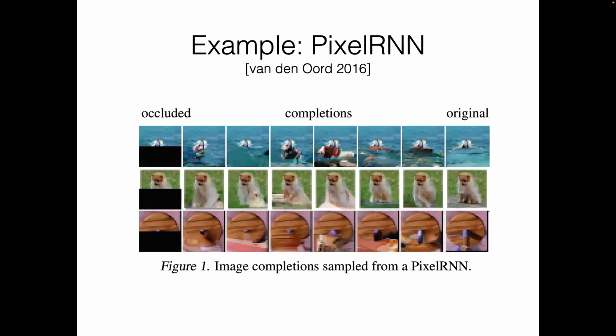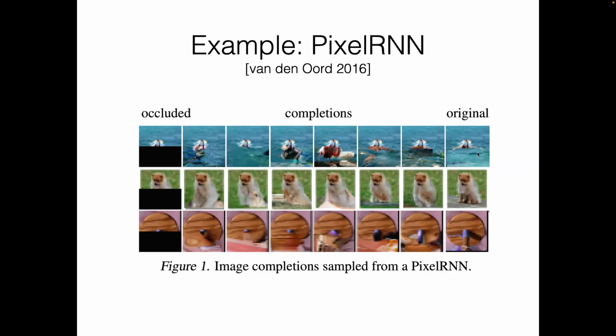It turns out that people tried this, and here's an example from 2016. They weren't using transformers, they were using RNNs, and here you can see some results. They're going in raster scan order, so you could prompt the model with this part of the image and then have it complete it.